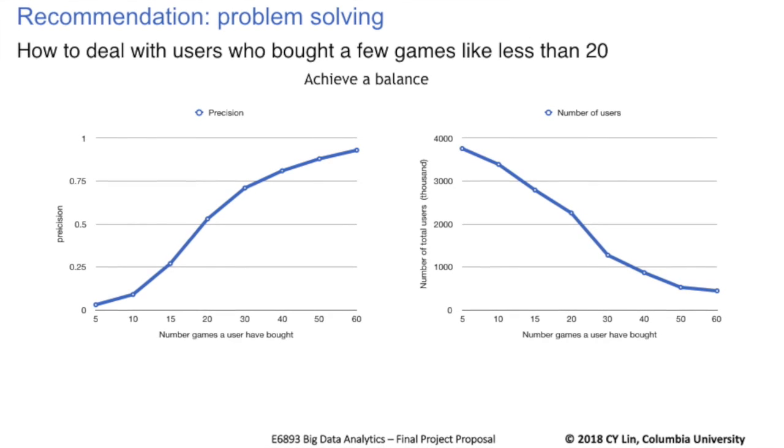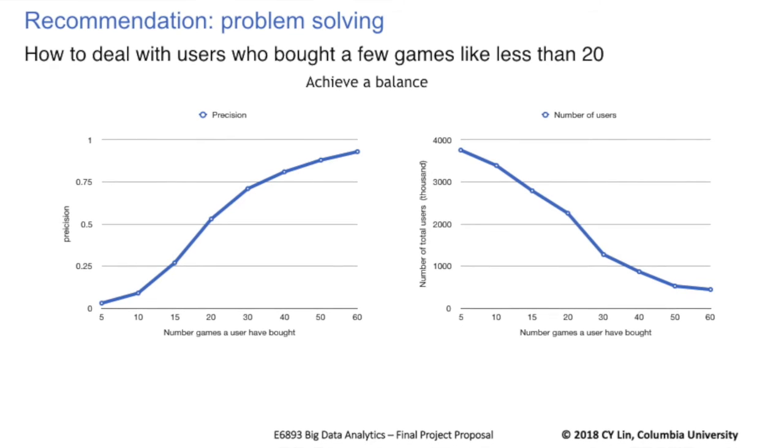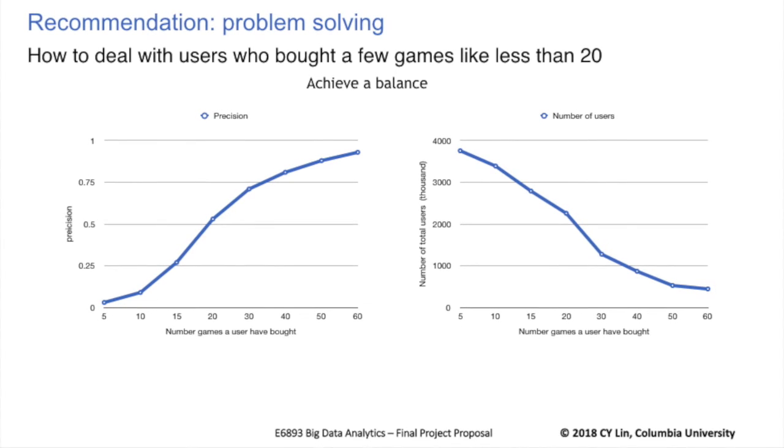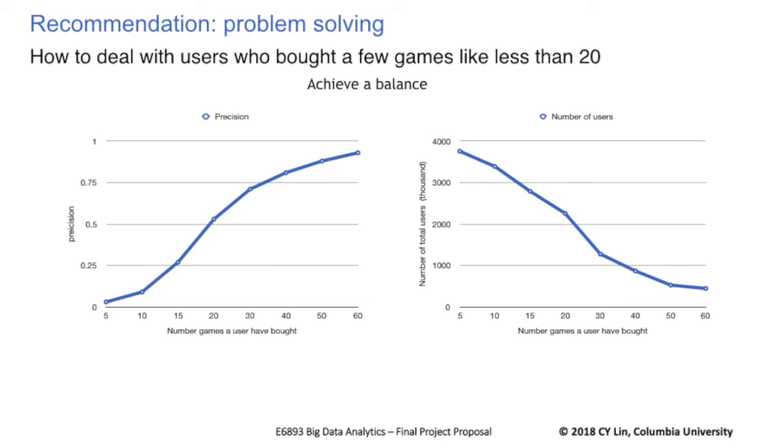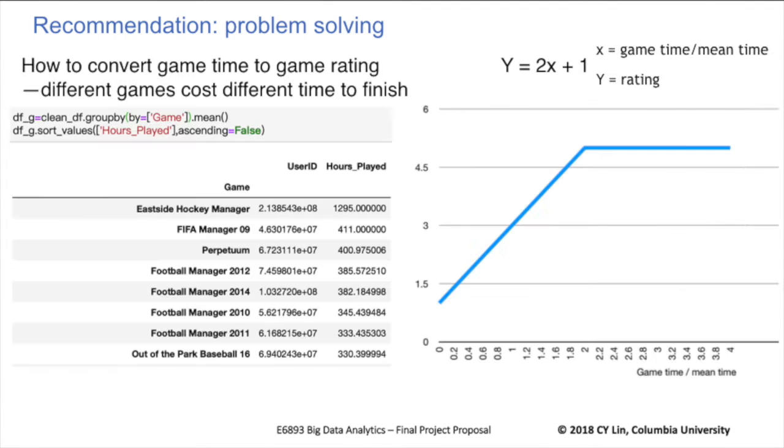I set the threshold to 20. So about half of the users can be recommended with a precision of about 60%. If a player bought more than 60 games, the precision is 65%, and it can go up to 90%.